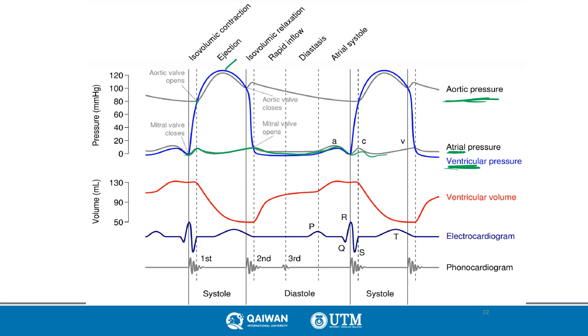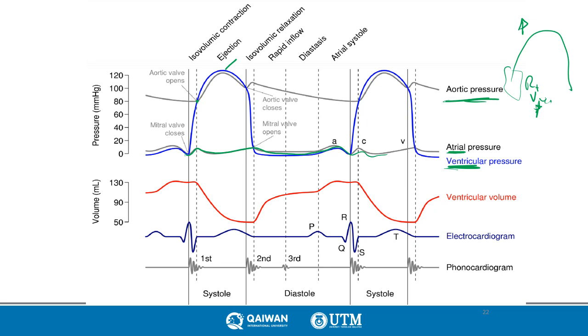The changes correspond to each other because the aorta will carry the blood to the human body from the ventricle, so the pressure in the ventricle is very high and the pressure in the aorta is also very high.